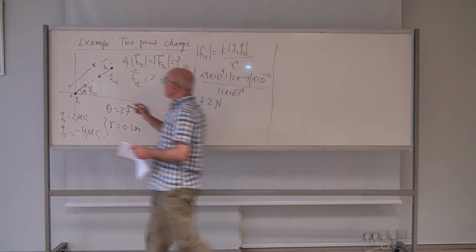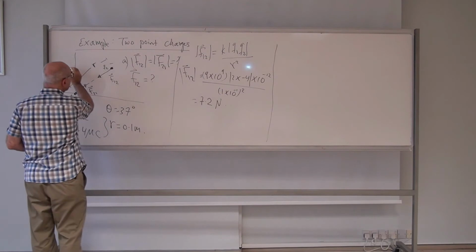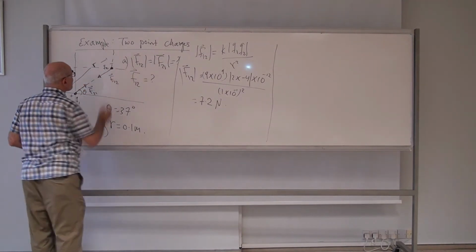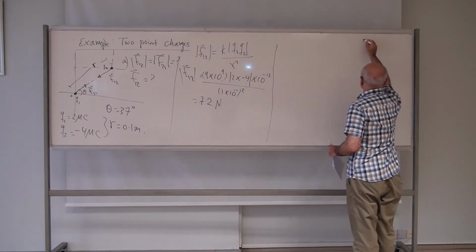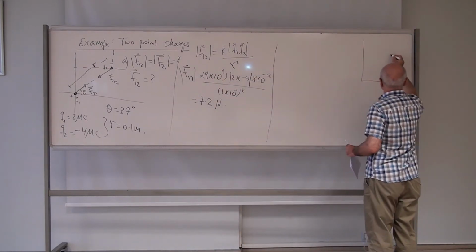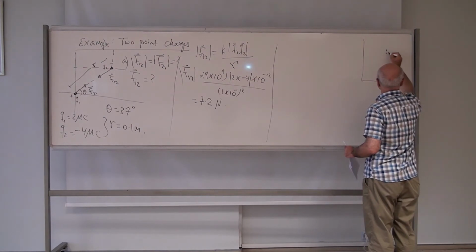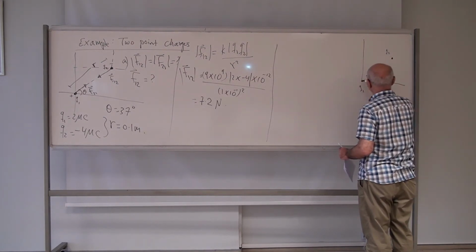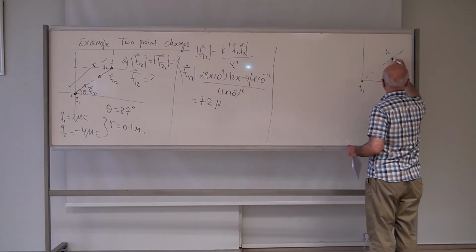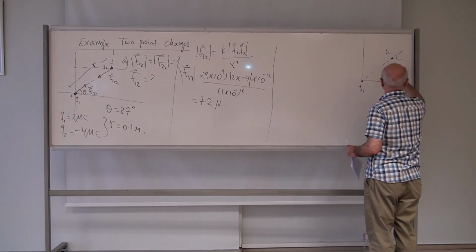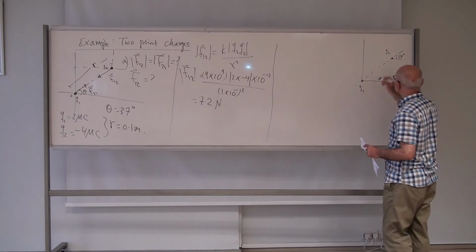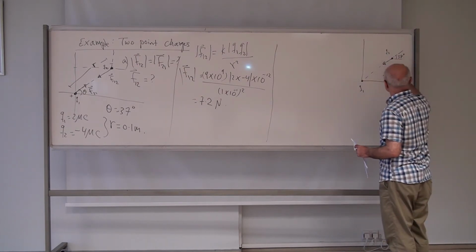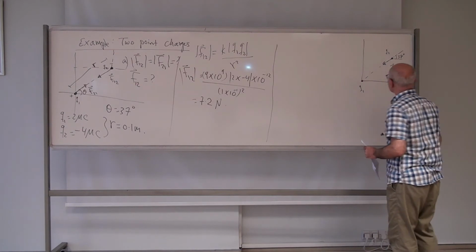Now, according to this figure here, let me just sketch it again. So this is Q2, this is Q1, and I'm given that this is 37 degrees. Then in this case, I know this is F12.